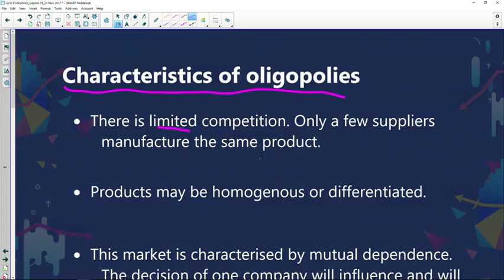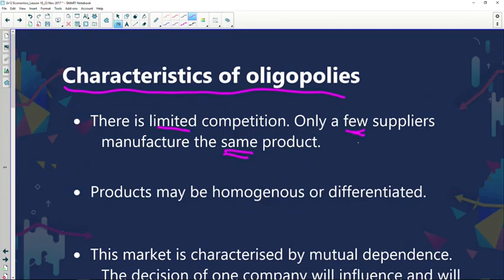There must be a particular reason why there's only a few businesses offering this service. So you can mention it as a barrier because you have only a few suppliers who manufacture the same product. Here you're dealing with the same product, but just a few suppliers actually manufacture it.